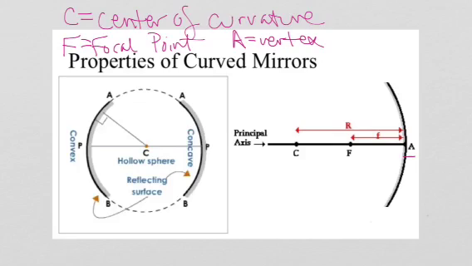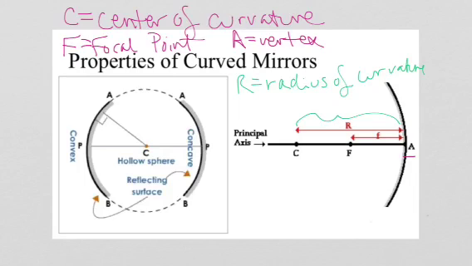Now, a couple of distances. Here we have noted distance R. This is the radius of curvature. Notice that that would be the distance from the center of curvature to the mirror, and that this would be the radius of the sphere from which this mirror was cut.